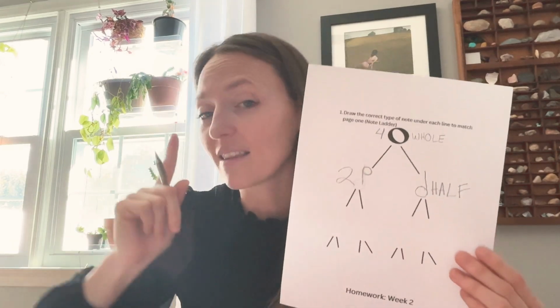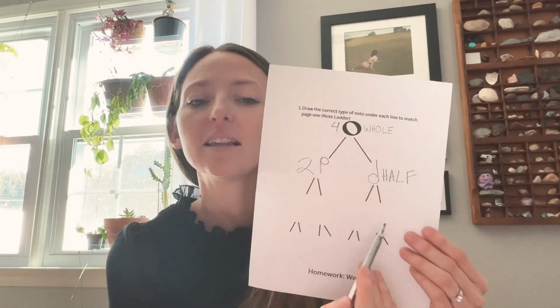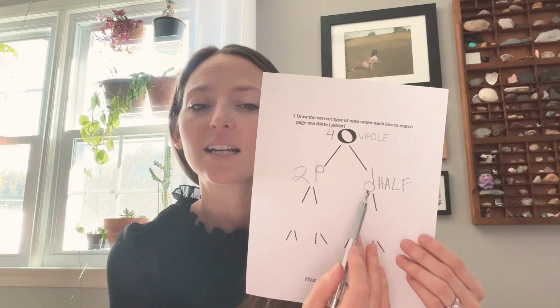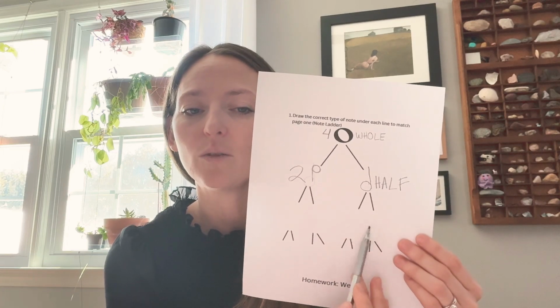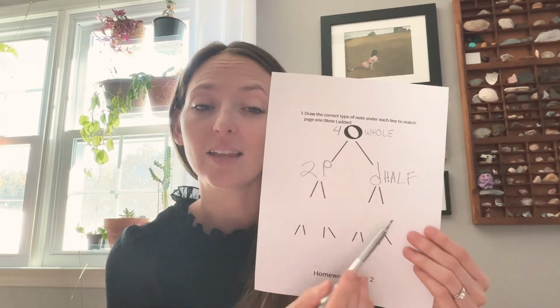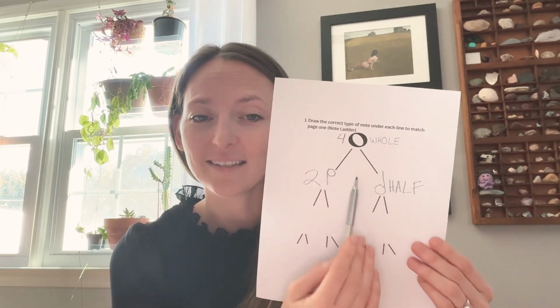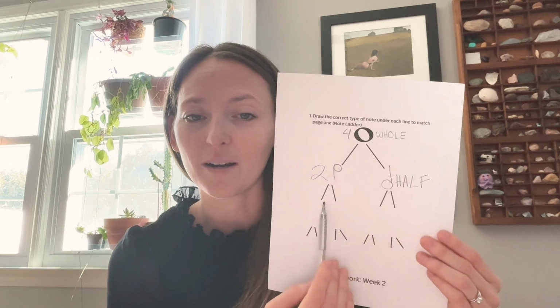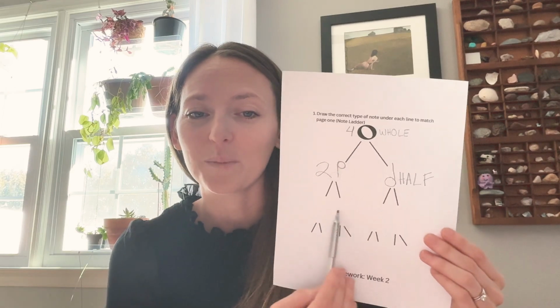Okay, now we can think about this one of 2 ways. Either we can think we need to cut that half note in half. What note would have 2 inside a half note? Or we can think our whole note is now going to get split into 4 pieces. What 4 pieces? Let's do the whole note first.